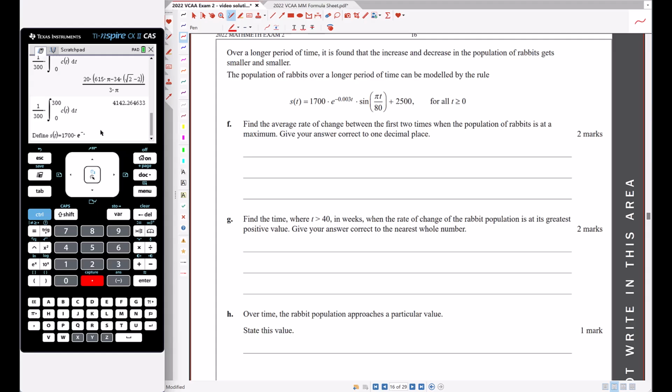Now everything after this asks for rounded values, I think, so I'm okay to define this as 0.003, but if I need an exact value later, I might need to come back and redefine that as being 3 on 1,000, so I can get exact answers. So let's see how we go.